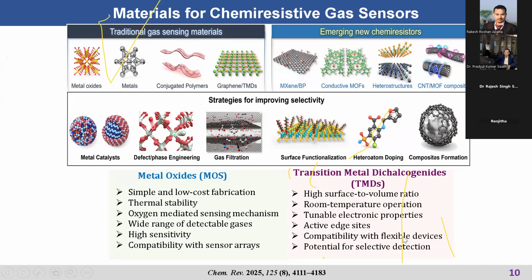And it has active edge sites, and it is compatible with flexibility. This flexibility is one of the important aspects, because you always need a sensor which can be fixed on fabric or on the skin. This is all flexible device application. In those cases, the TMDs are very much useful, and they have the potential for selective detection.